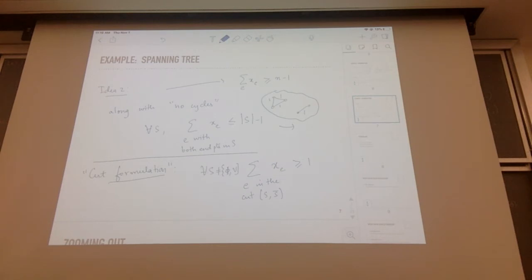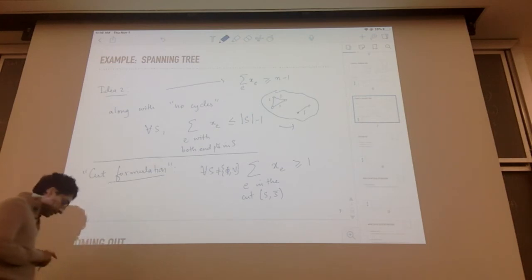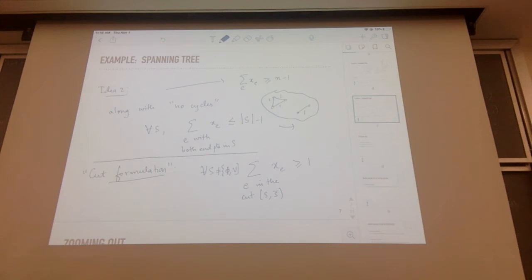Let's say you had exactly n minus 1 edges.